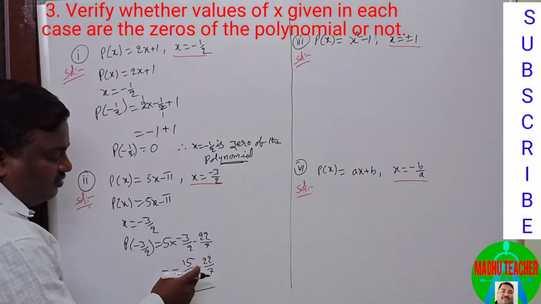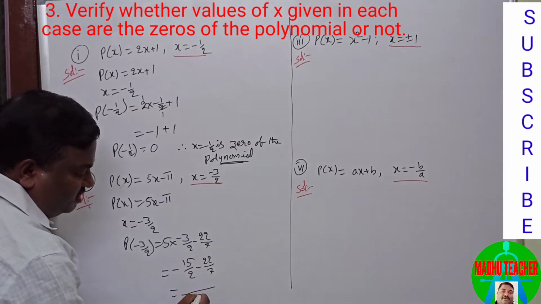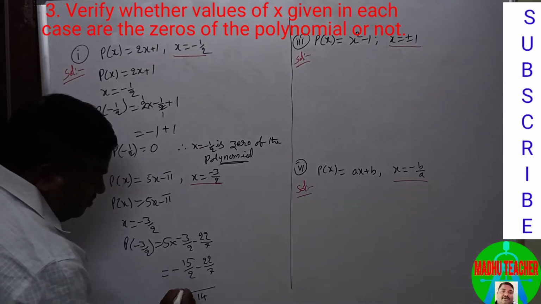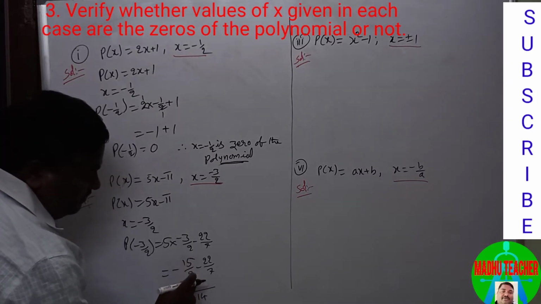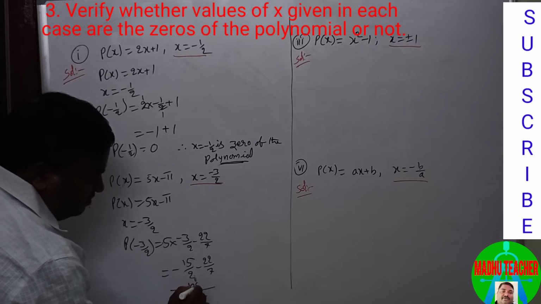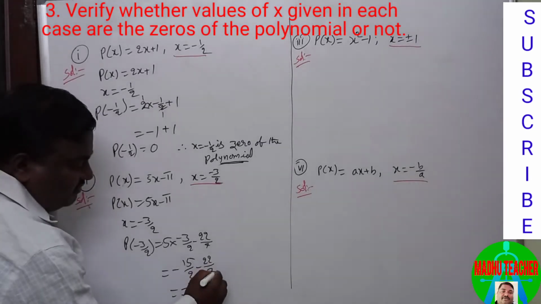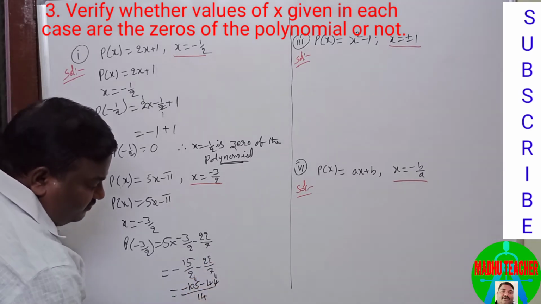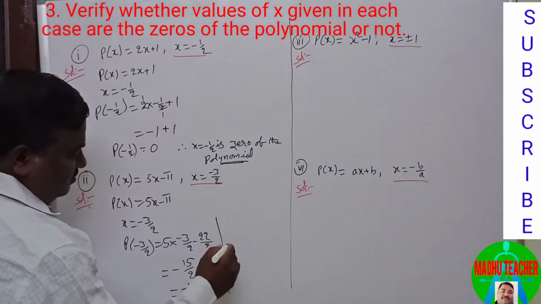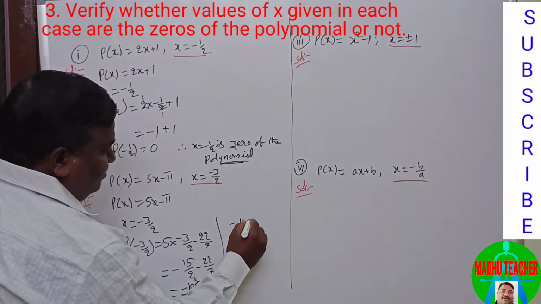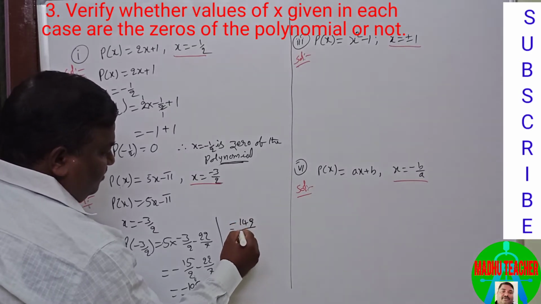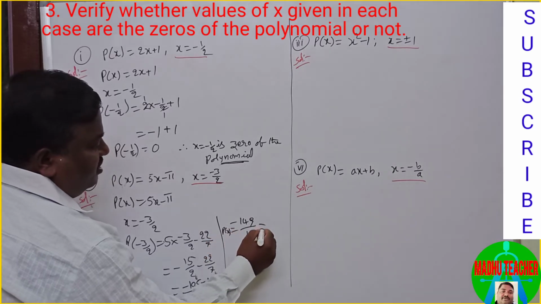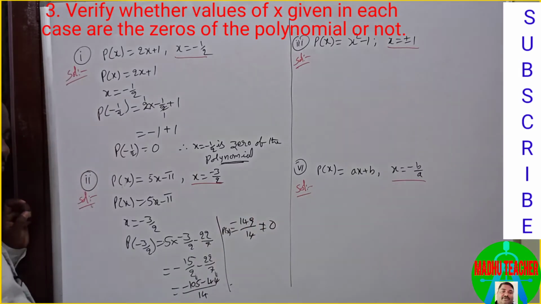To add these two, you have to find the LCM. 2 and 7, their LCM is their product, that is 2 7s are 14. So minus 2 7s are 14, 15 7s are 105, minus 7 2s are 14, 22 2s are 44. That equals minus 149 by 14. Both have minus sign, so you have to add. This is p of x equals minus 149 by 14. It is not equal to 0. It is not 0.